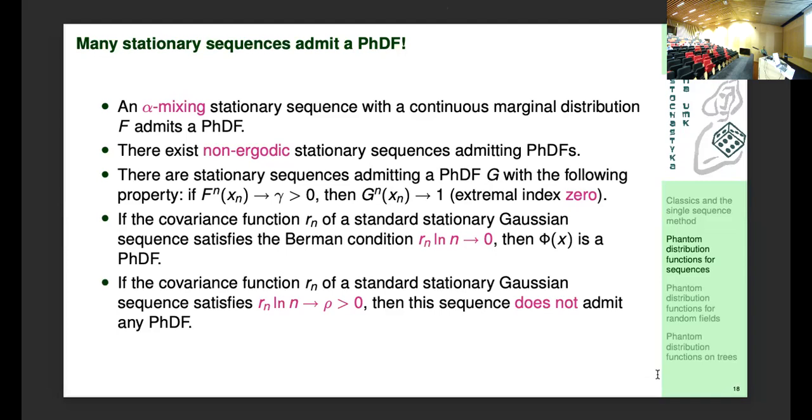It is known that in this case there is a limit distribution for maxima of this Gaussian sequence, but it is in fact a mixture of some Gaussians and so on. This means that in this case, the maxima of this stationary sequence cannot be described by a single sequence of levels, because you then need the whole family of levels.